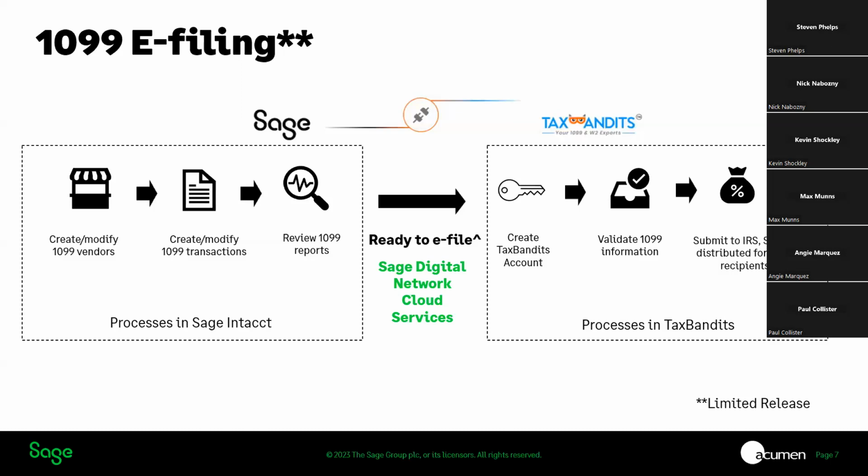They will do the checking for any errors that might cause problems with the IRS requirements. And so that's been another popular add-on for clients that have a large number of 1099s that really want to get out of that printing paper and mailing mode for things like 1099 forms.